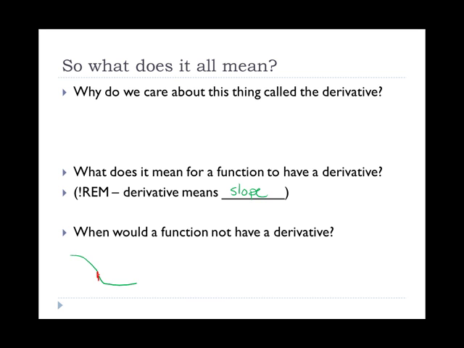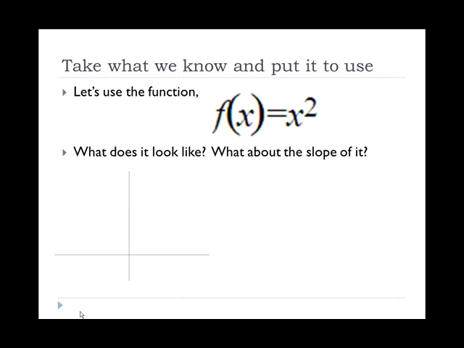So let's do one example, and then we will stop there for this series and pick up in the next lesson. Let's use the function f of x equals x squared, and find the slope of that at different points.